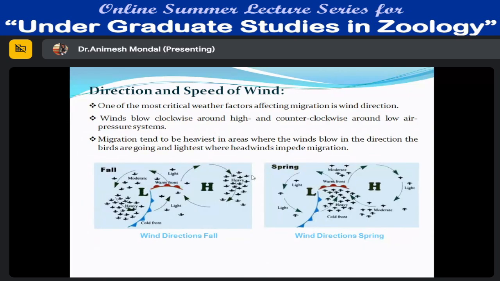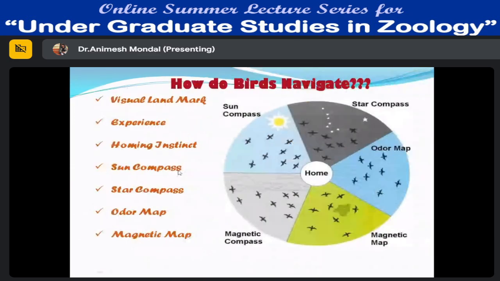One of the most critical weather factors affecting migration is wind direction, and wind blows clockwise around high and counterclockwise around low air pressure systems. In high and low air pressure systems, birds move clockwise and counterclockwise, which in turn affects the migration or movement of the bird.